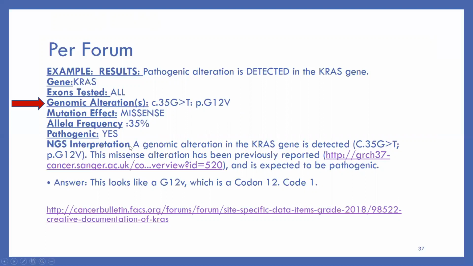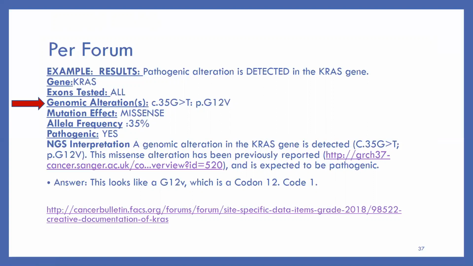Also, here's the interpretation: the genomic alteration in the KRAS gene is detected, and it's giving you this string again. This was a question on the forum, and the answer was this looks like a G12V, which is a codon 12. So in this example, we would code KRAS to a 1.